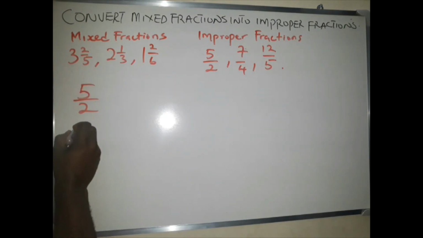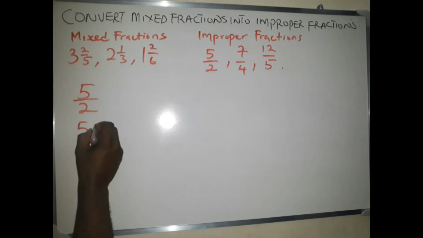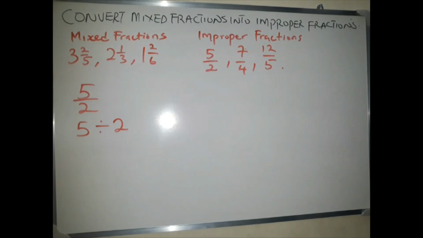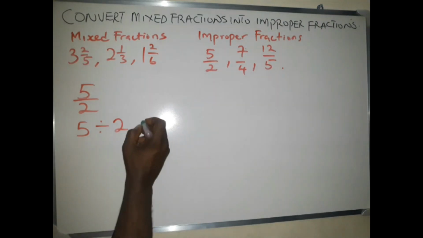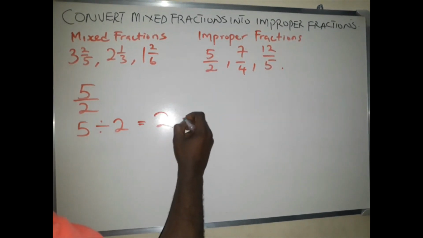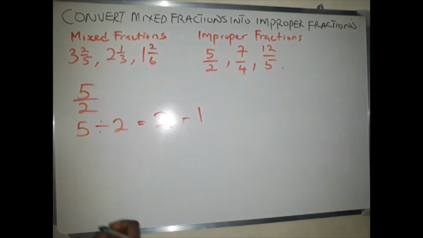Now we have 5 as the numerator. You divide it by the denominator. And when you've divided 5 by 2, you want to get 2 remainder 1. You make sure that you note your remainder, because your remainder is going to be very, very important when it comes to converting the improper fraction to a mixed fraction.